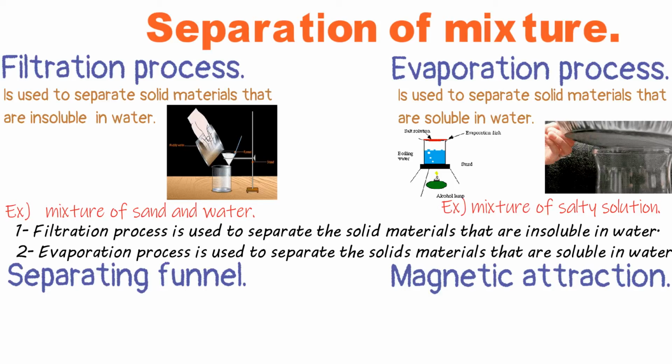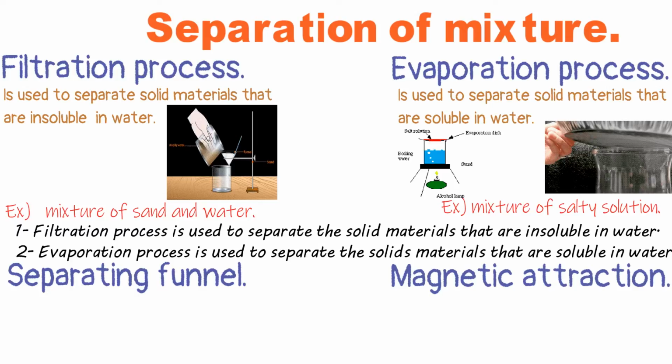If we have a special mixture that contains three substances: the water, the sand, and the salt, how can we separate this mixture? We can separate this mixture by using both of these methods, the filtration and evaporation. Starting with the filtration process, we will filter this mixture that consists of the water, the sand, and the salt.